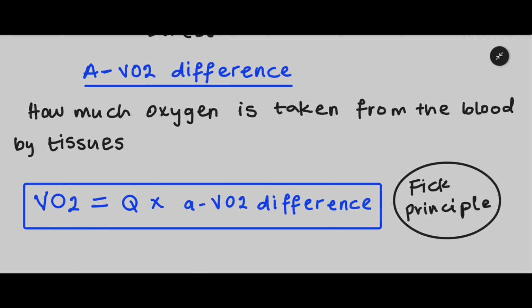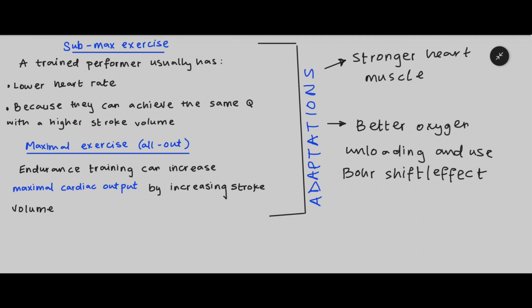And this is also what sets the difference between trained versus untrained individuals. Trained individuals usually have a higher max cardiac output and also a higher ability to extract oxygen at the muscles. Trained performers usually have a lower heart rate because their heart muscles are stronger and bigger, so they can achieve the same cardiac output with a higher stroke volume and a lower heart rate.